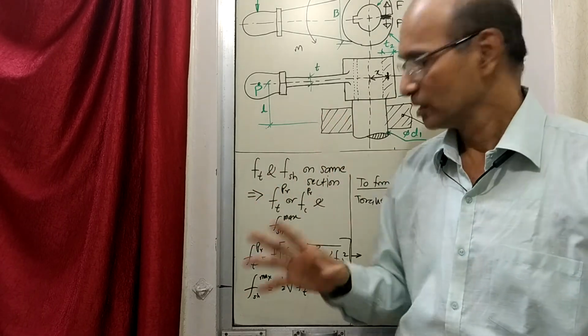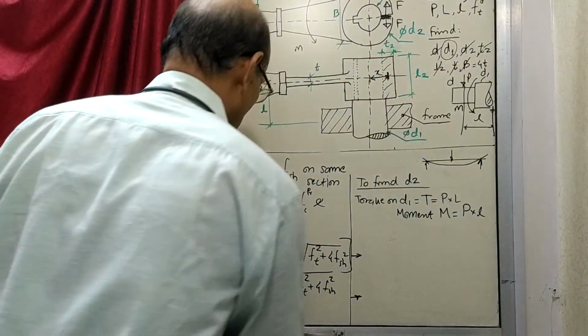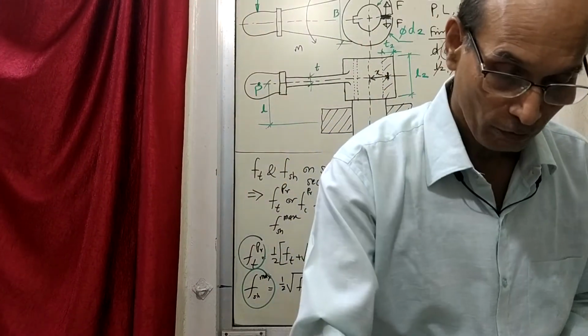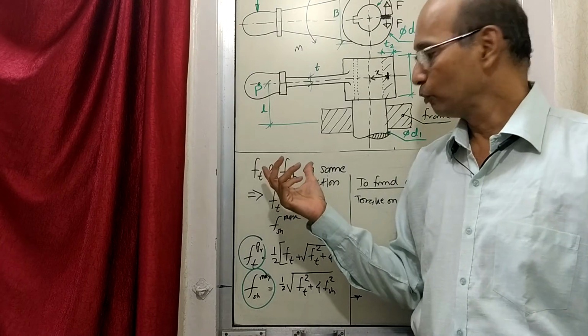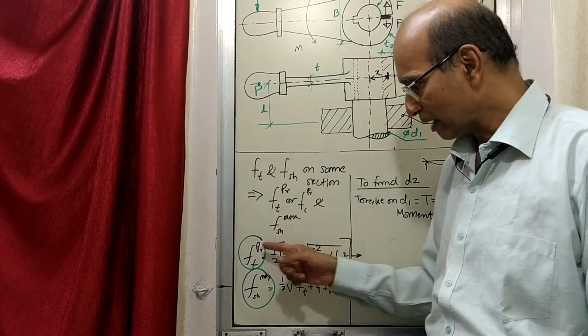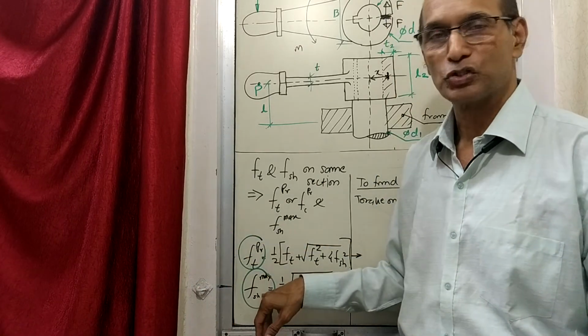So what are these stresses that we have designated here? When tensile and shear stresses come at a time and we cannot add them, we combine them by this method, and by combining we find the equivalent tensile stress and the equivalent shear stress.